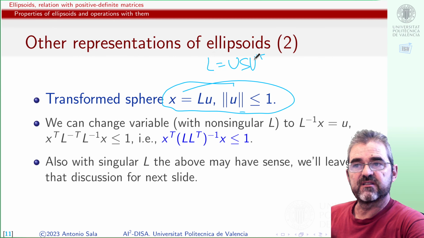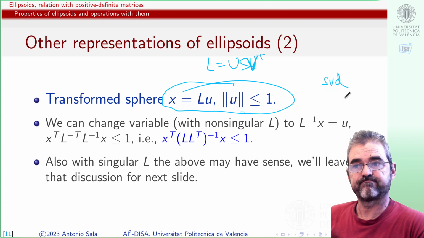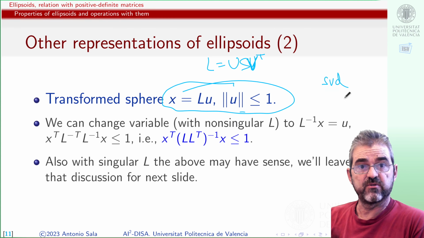If L is symmetric, then U and V coincide, and it will be the diagonalization of a symmetric matrix. And if L is not symmetric, then we get U and V different, and it's called singular value decomposition. So good. In order to understand what we are doing, let us first see a Matlab example of a transformation L and its meaning before computing the singular value decomposition.